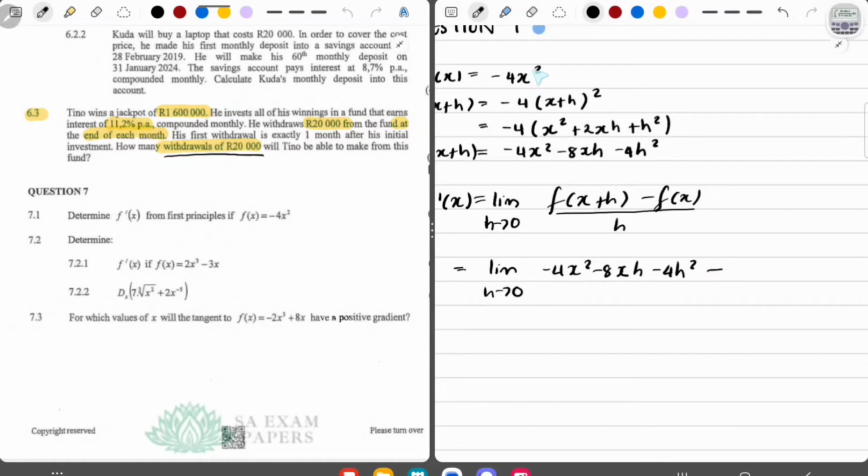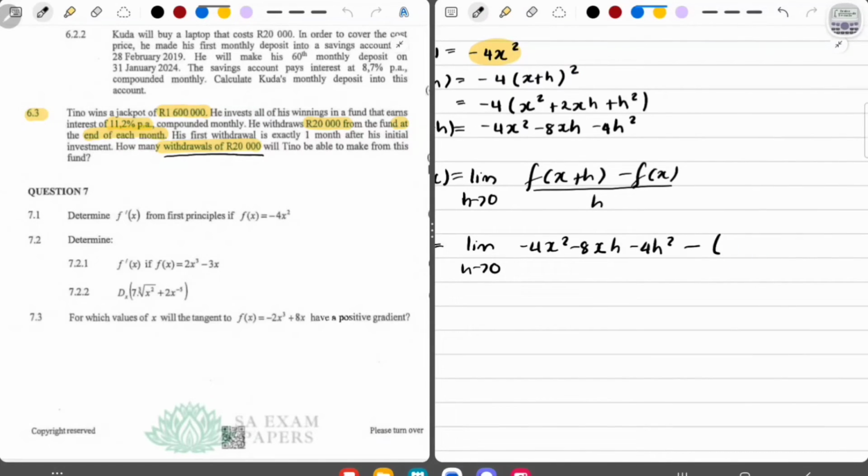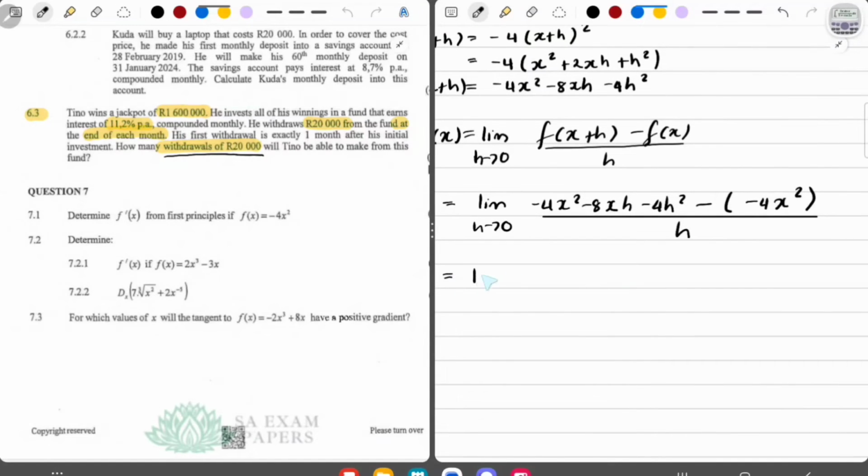So minus, but you see that what we are minusing by has one term but a negative in front of it, so you need to put brackets still. So negative 4x squared all over h. And this is equal to the limit as h tends towards 0, and we have negative 4x squared minus 8xh minus 4h squared.